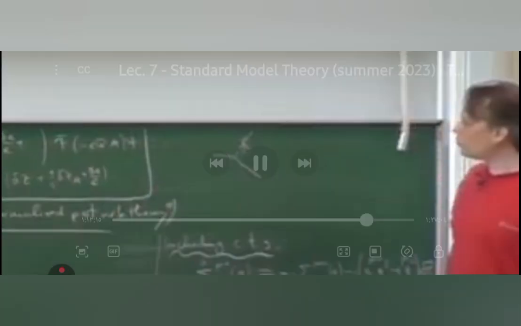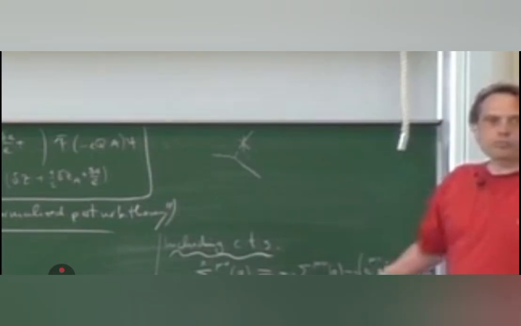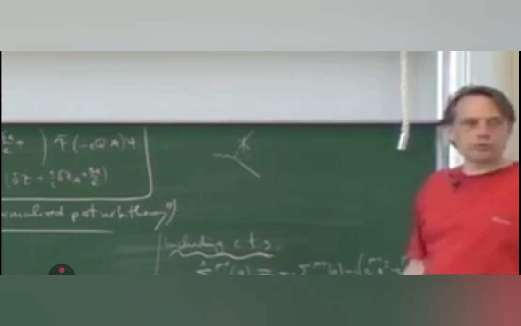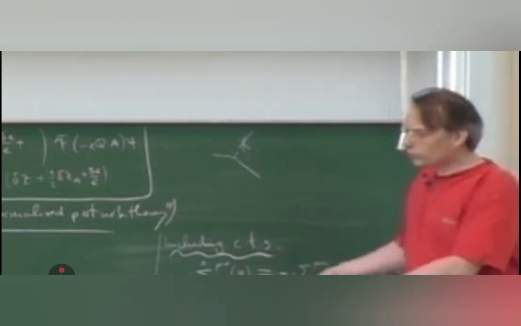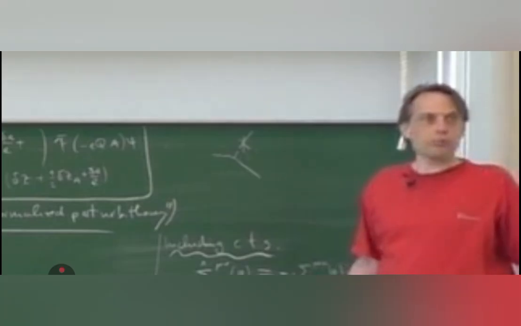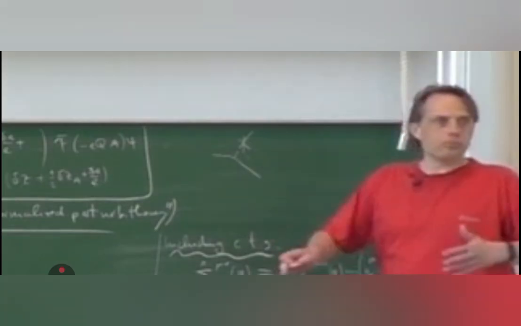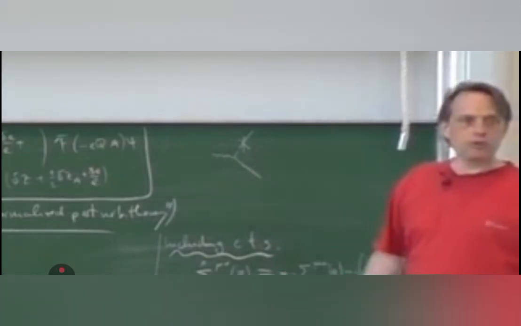But that other diagram would be reducible because you can cut this line, and so it would contribute to physical processes which you might calculate for S-matrix elements, which depend on reducible diagrams. But it is sufficient to first have control over all the 1PI building blocks, and once we control these we can put them together and obtain S-matrix elements and reducible Feynman diagrams.